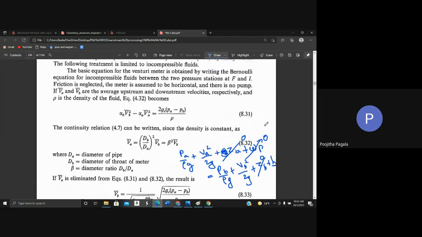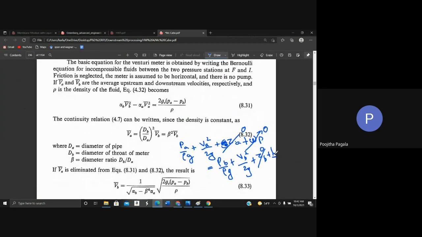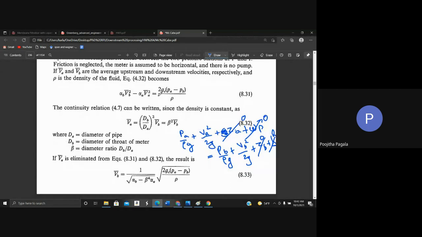And if you assume that there are no losses over the small distance, then you can ignore the losses term. And so essentially you have this equation. So alpha VB square minus alpha VA square is equal to 2 GC times PA minus PB by rho.